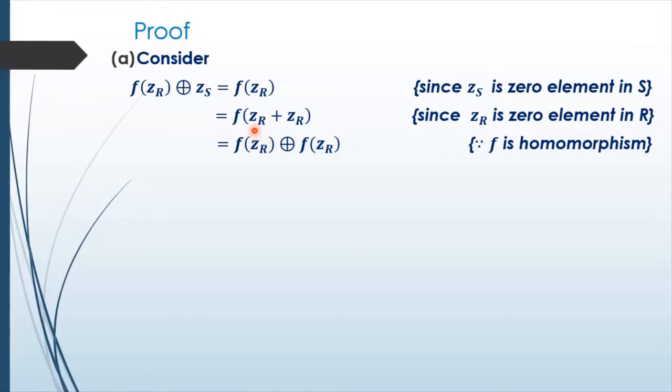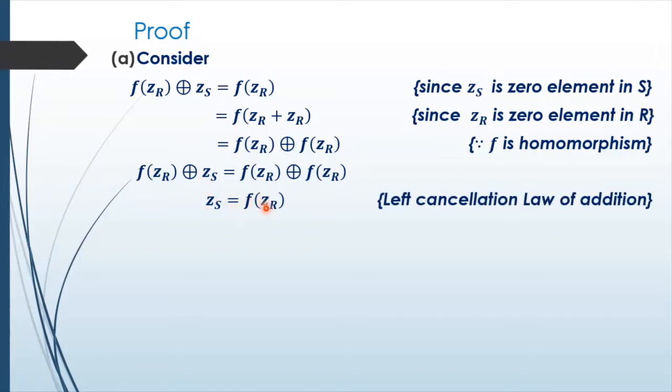When you are using the elements in S, you have to use the additive operation in S. You have to be careful while using the notation for the operations. Now you may note that f of Zr appears on the left in both the sides. Hence, using the left cancellation law in S, we have Zs is equal to f of Zr. So f preserves the zero element.